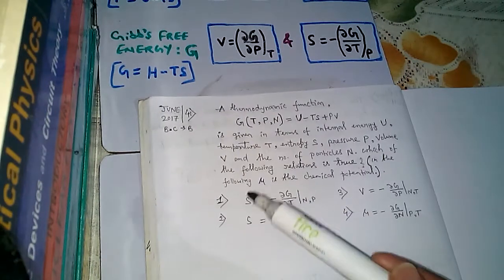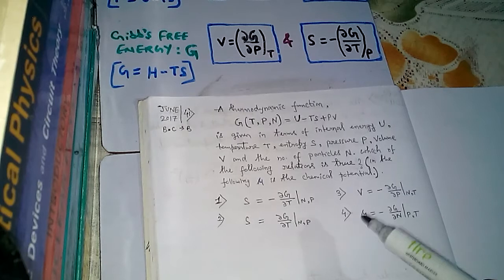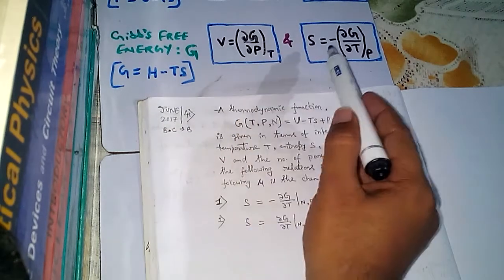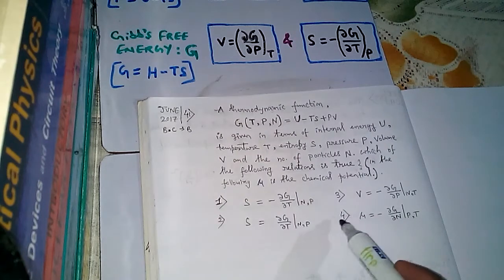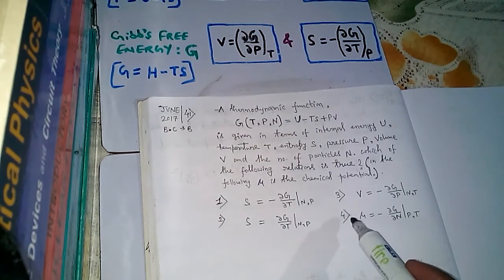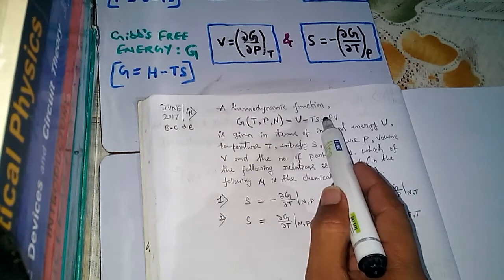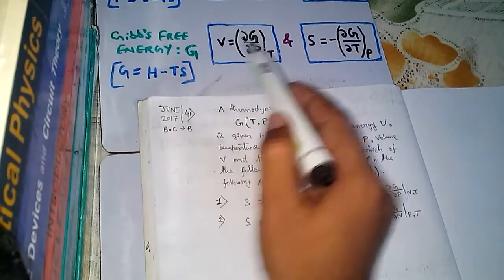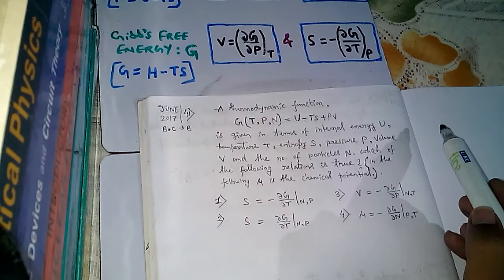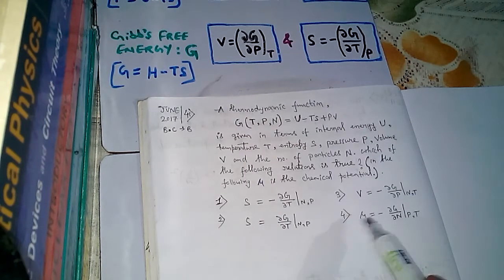So we have two relations for entropy and volume, and one relation for chemical potential. Let's check it. Now these two relations are for V and S. That means the entropy option with mu is the wrong option. For this thermodynamic function, these two relations can be possible, so this mu cannot be possible.